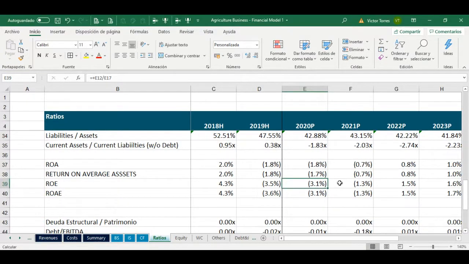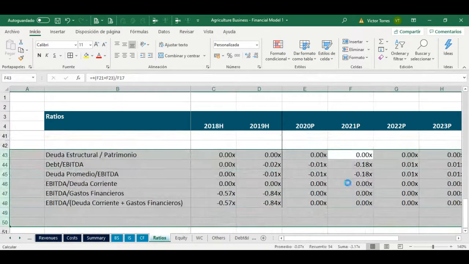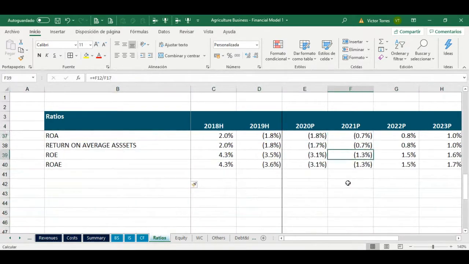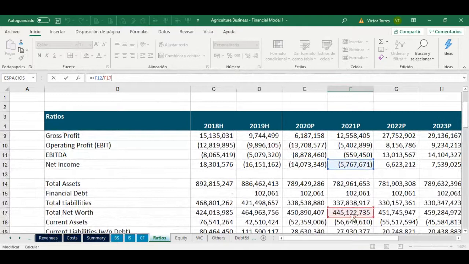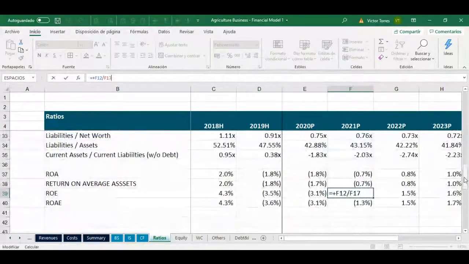Okay, the other element that we have right here is the required return on equity, and that's what we're going to start talking about in a bit. So the required return on equity is basically net income divided by total equity, total net worth, el patrimonio total.